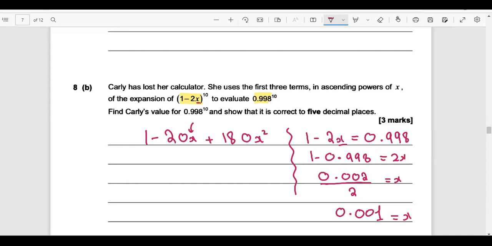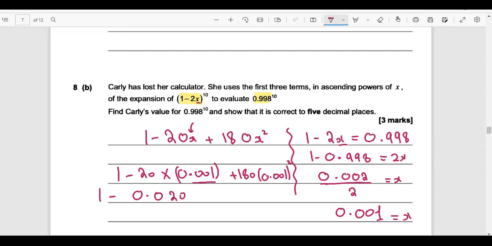Now we can plug in this value very easily. It is 1 minus 20 multiplied by 0.001 plus 180 into 0.001 squared. So 1 would remain as it is, minus 20 into 1 is 20, and then we have 3 decimal places, so 0.020.